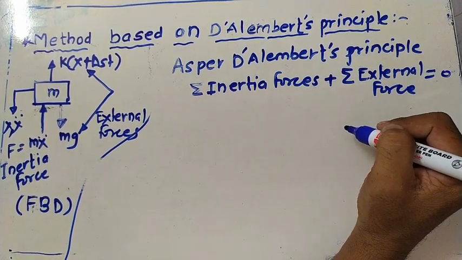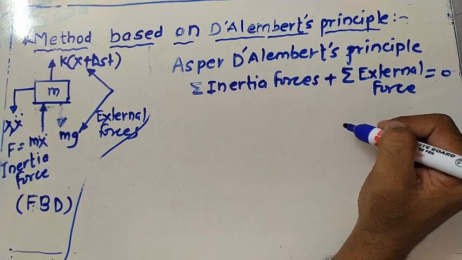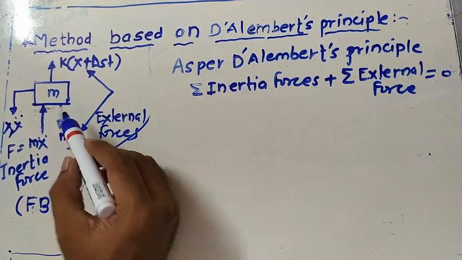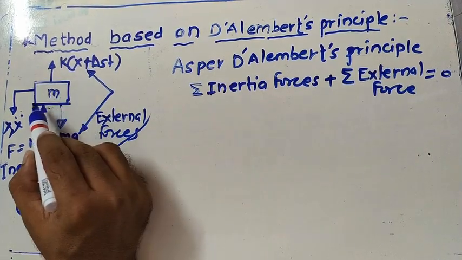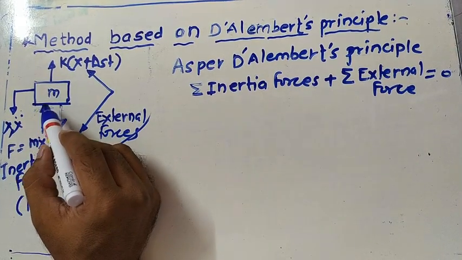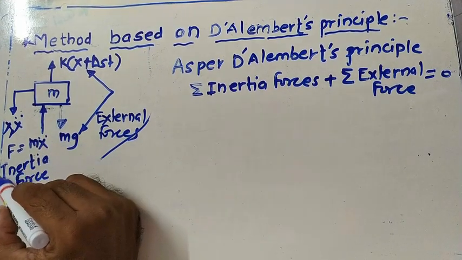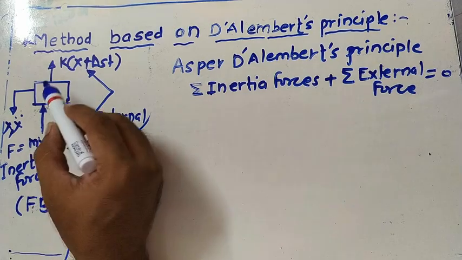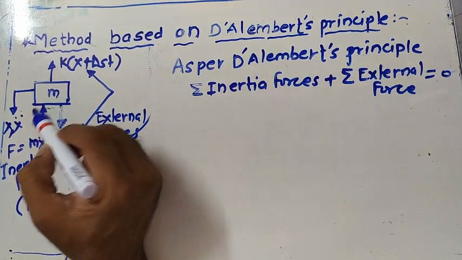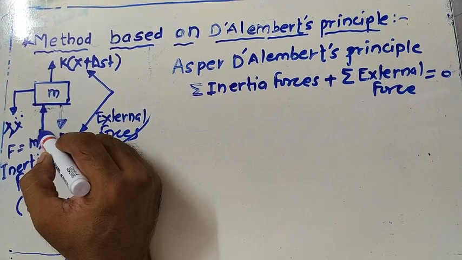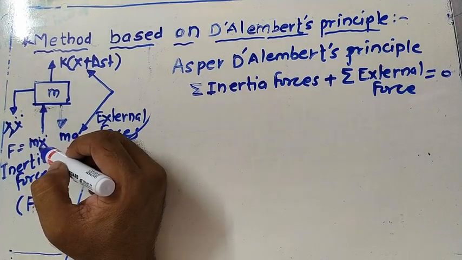In this case, the motion we have considered is in the downward direction. The inertia force will oppose the motion in the downward direction, so you have to show the direction of this inertia force in the upward direction.